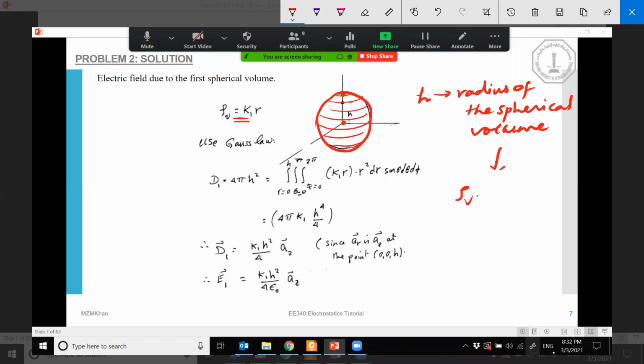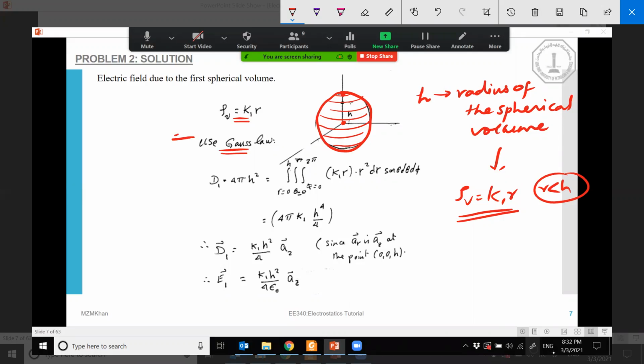Because we know rho v is K1 times R for R is less than H. That means the charge is already enclosed in a spherical volume and that spherical volume is between 0 and H. That means it's a sphere, and that sphere has a radius of H, and that sphere has a volume charge density of this value, K1 times R. So now apply Gauss's law.